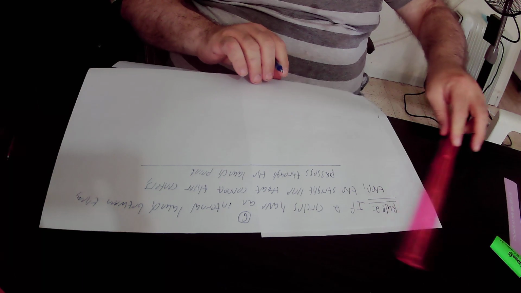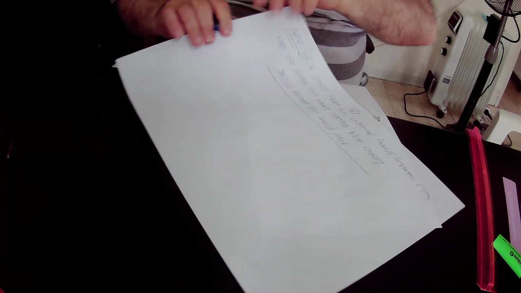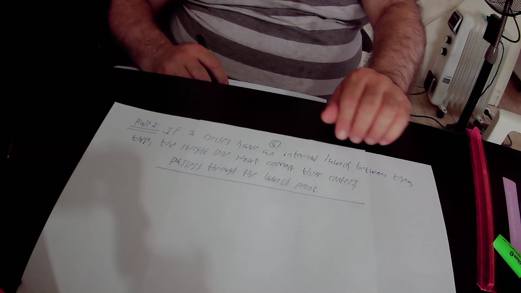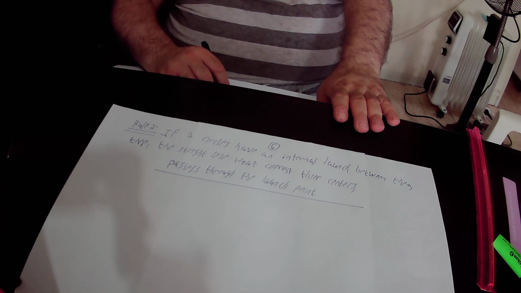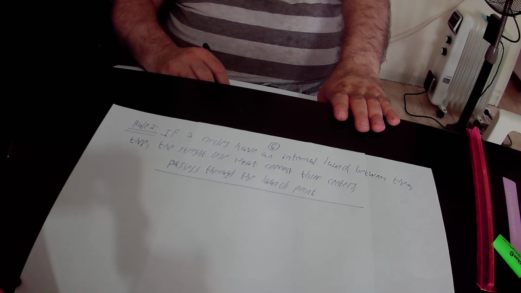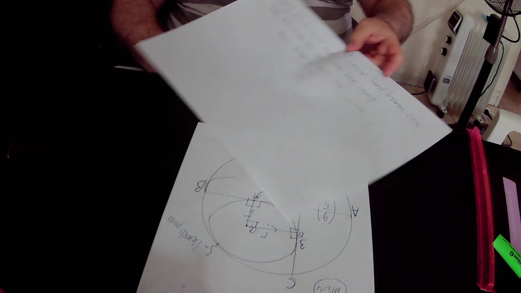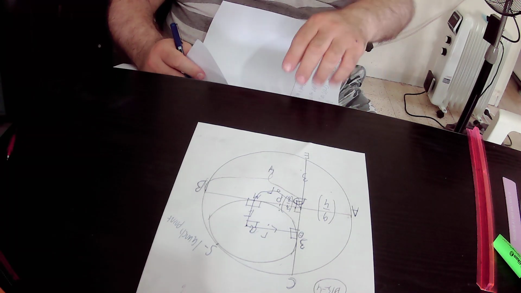So I'll read rule number 2 again. According to rule number 2, if two circles have an internal launch between them, then the straight line that connects their centers passes through the launch point. So in our drawing, we have an internal launch, as I've already explained.